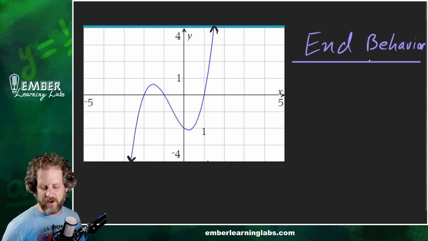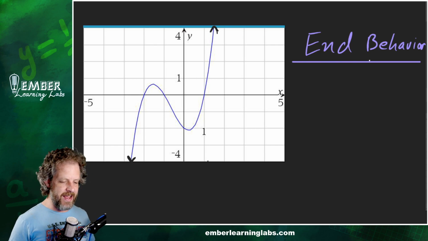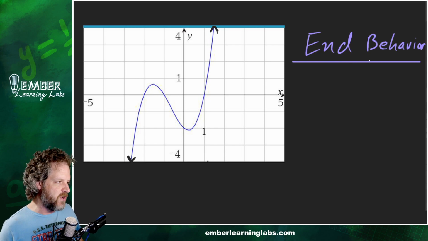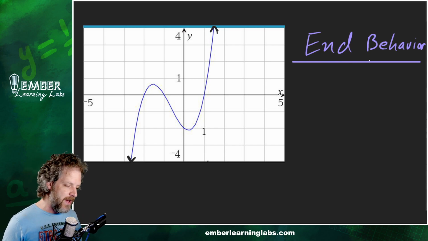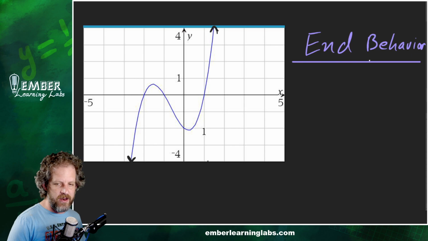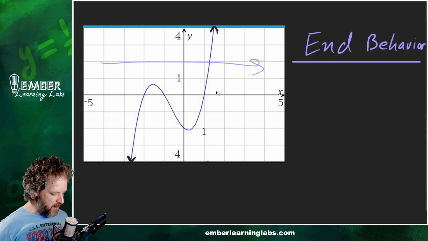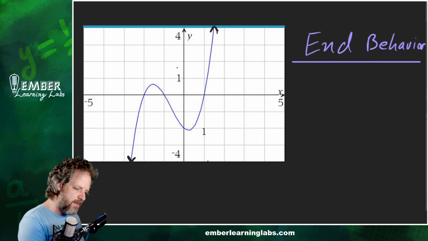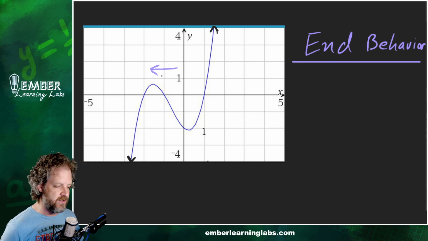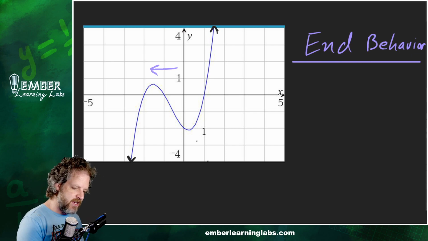End behavior is, you have to think about it as this function is going in a certain direction. On increasing or decreasing, we're always reading left to right. But on end behavior, we're talking more about as the function continues to get more left, what does it do? And as the function continues to go more right, what does it do?